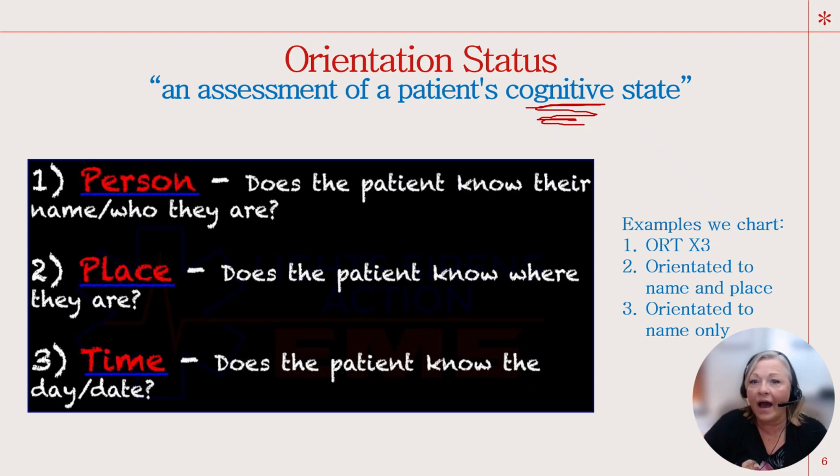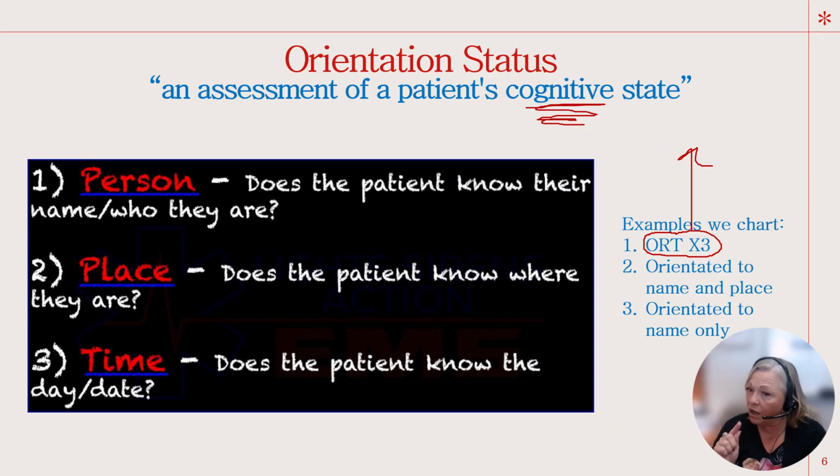Wonderful. I passed. I am what we call orientated times 3. This is the approved, charted abbreviation everybody's going to know, capital O-R-T times 3. It means your patient is orientated to person, place, and time.